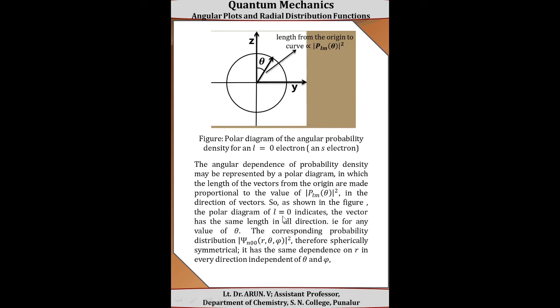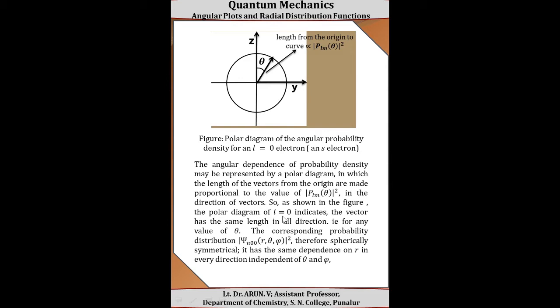The angular dependence of the probability density may be represented by a polar diagram, and this gives the length of the vectors from the origin that are made proportional to the value of P_lm(theta) squared in different directions of the vectors. This is shown in the above figure. For L equal to 0, here the vector has the same length in all directions.